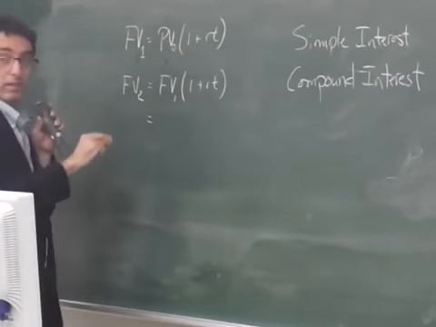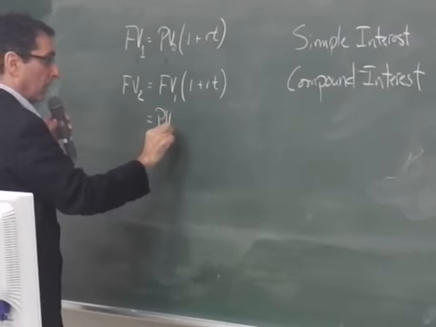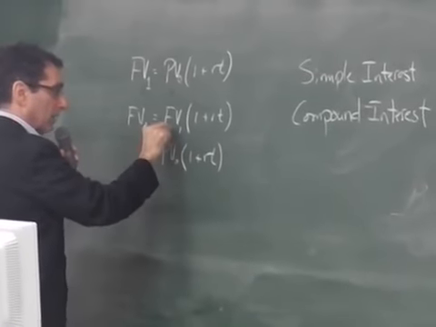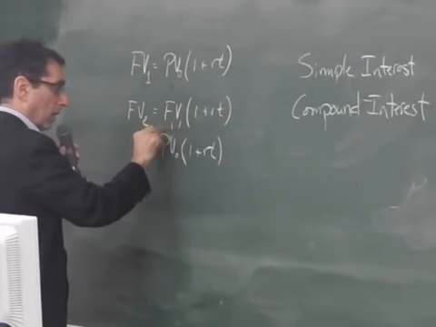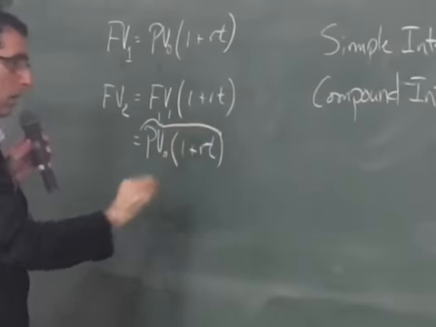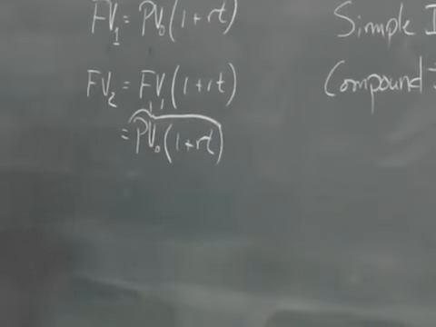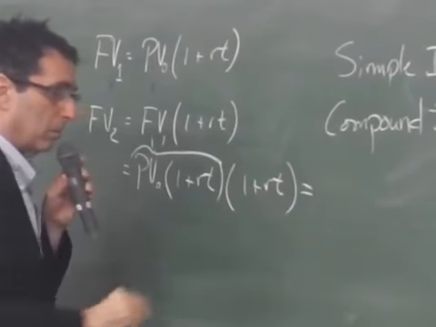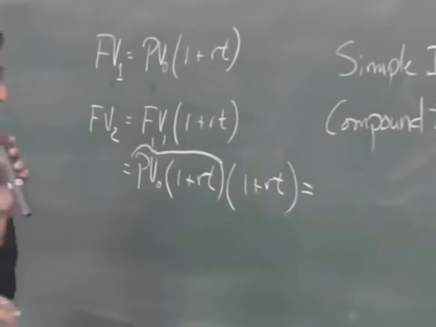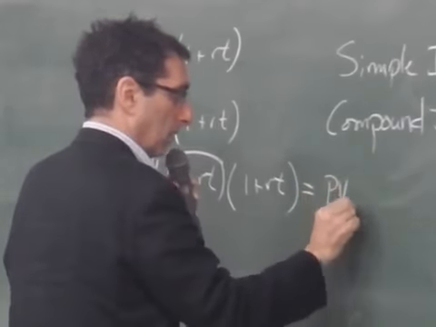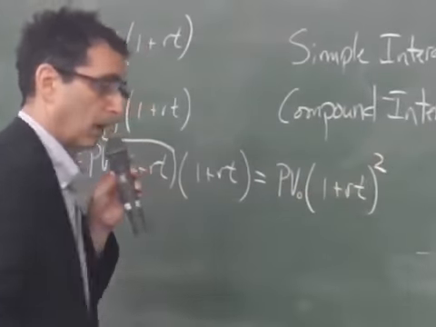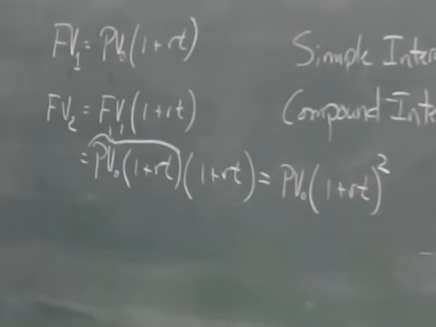Well, it's right here. It's PV0(1 + RT). And then I can simplify this as PV0 times (1 + RT) squared. So that's FV2.